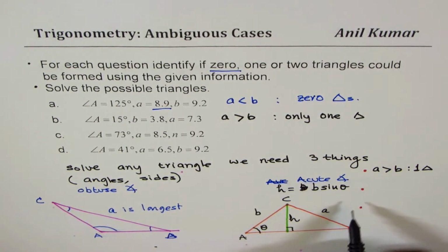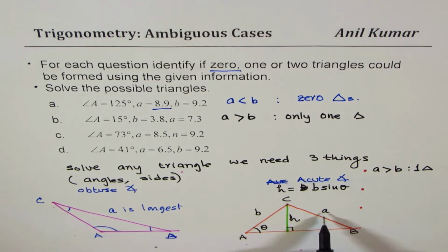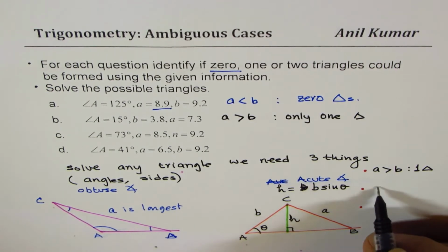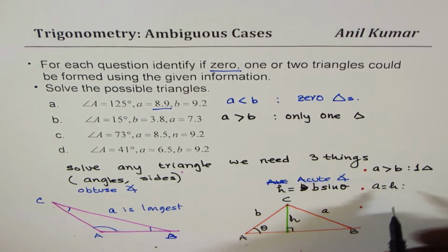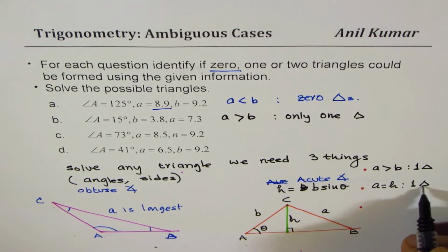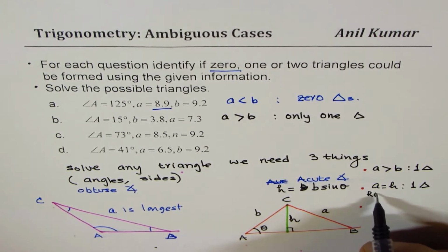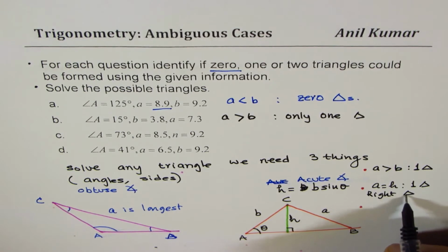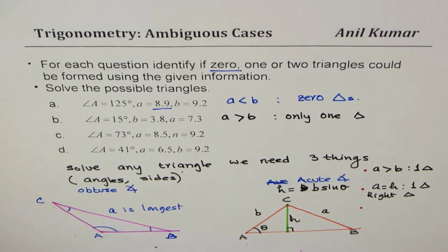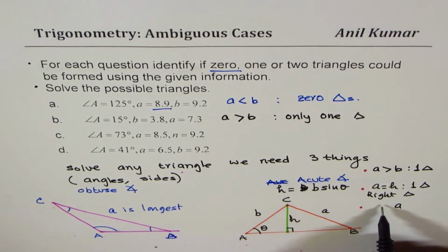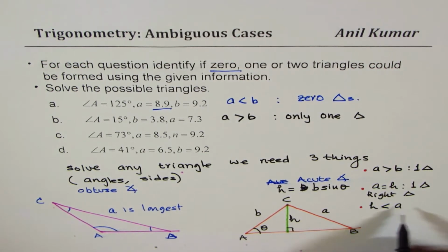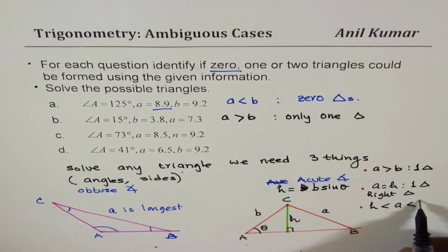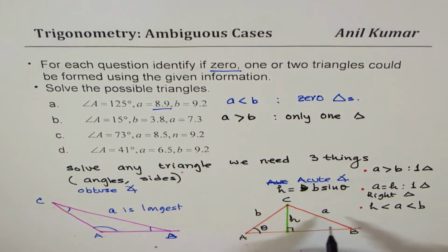The second case is that A could be equal to H. If A is equal to H, then also you have one triangle, but this triangle is a right triangle. Is it okay? And the third case is that A is greater than the height but is less than B. Let me sketch.